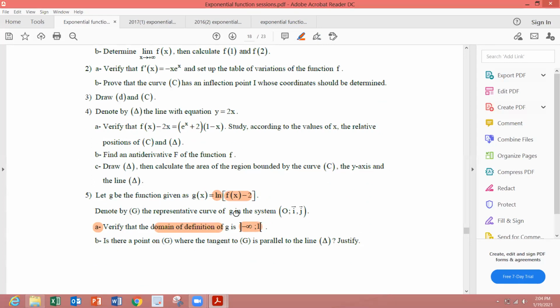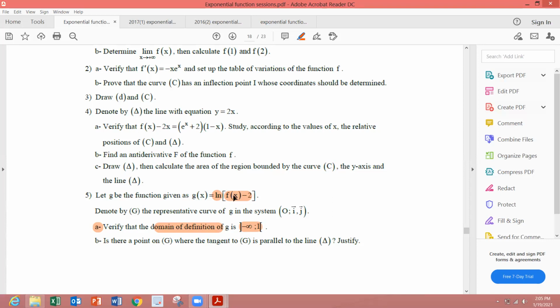How to determine the domain? Part 5, how to determine the domain of definition of ln functions. From the previous chapter, how do we determine the domain?